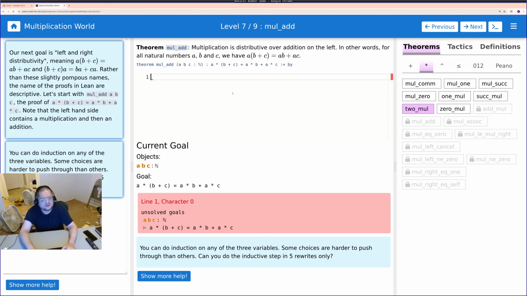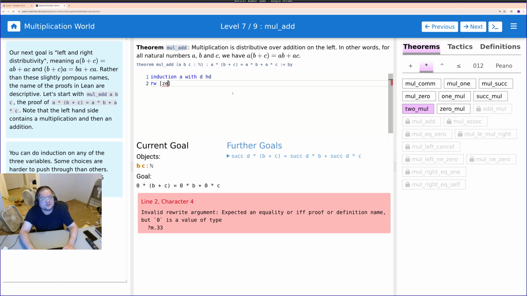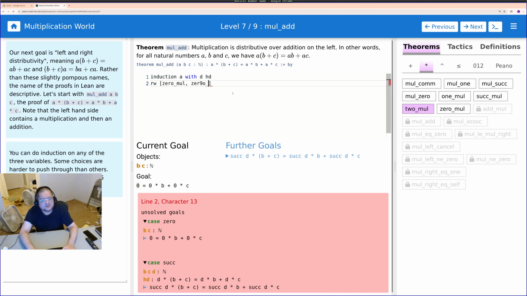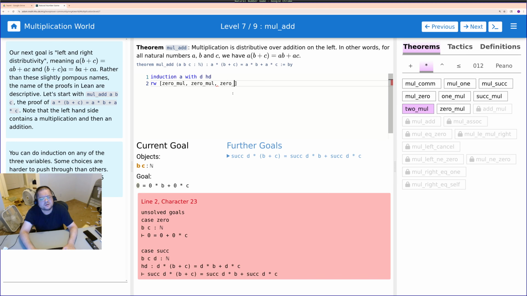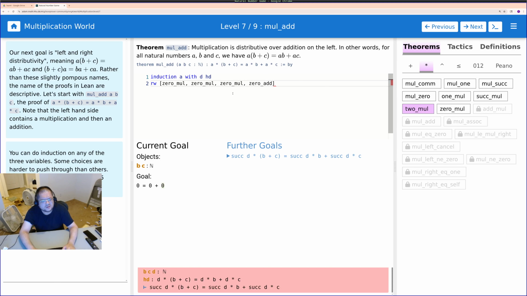Multiply add. Induction on A, with their hint. Right, induction A with we write 0 multiply.